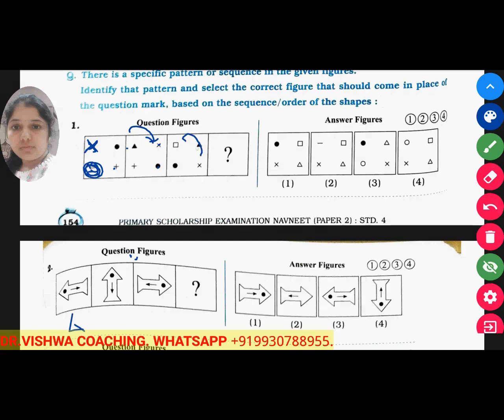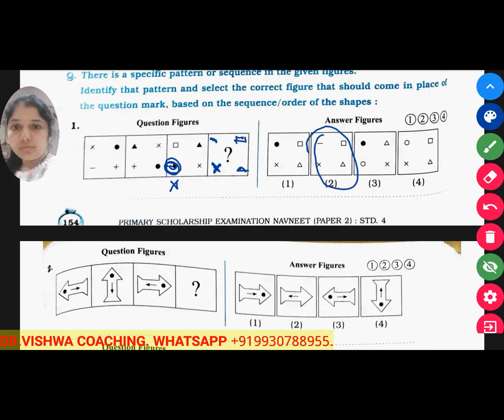Now again they move clockwise, and whatever is in the left corner, that is this plus sign, gets cancelled and a square appears at the place of the plus sign. Okay. Now you have to rotate it again. So this lower right corner becomes a triangle, this upper right corner becomes a square, and this circle which is at the left corner disappears. Here the multiplication sign comes, and it goes up. So according to me, option number 2 is the correct option here.